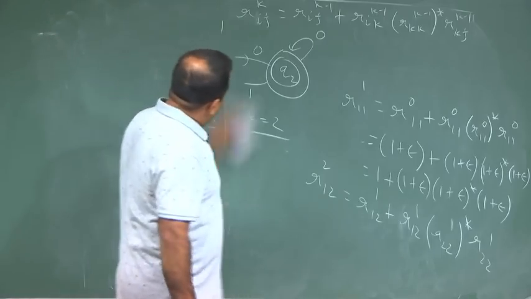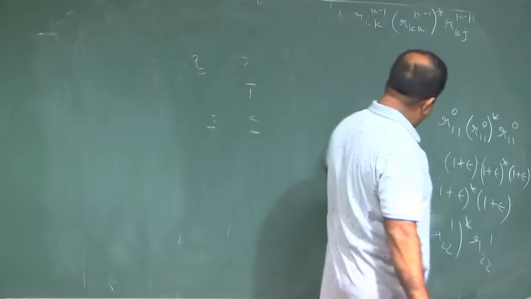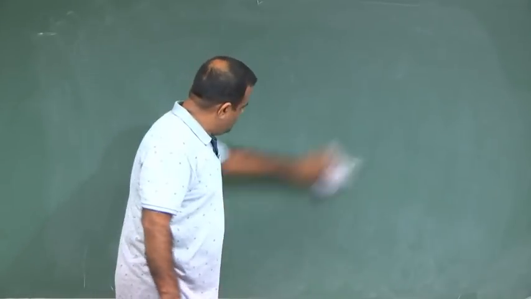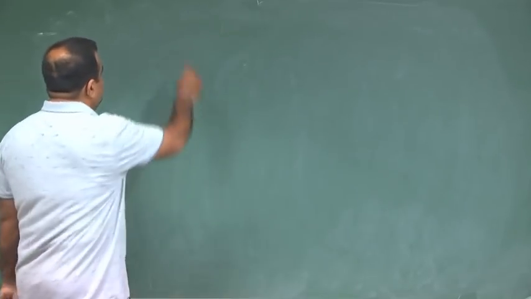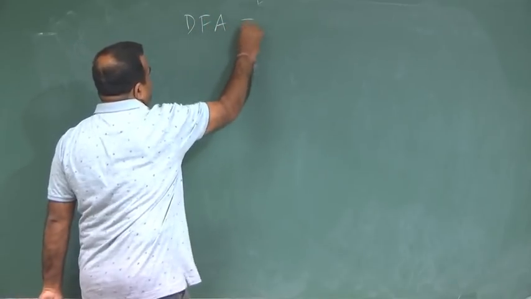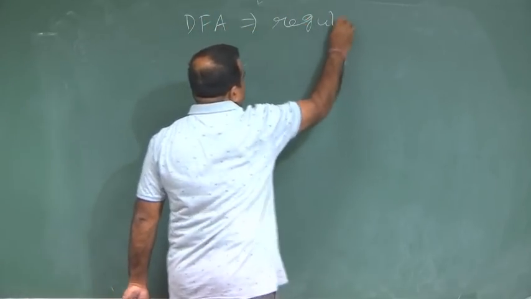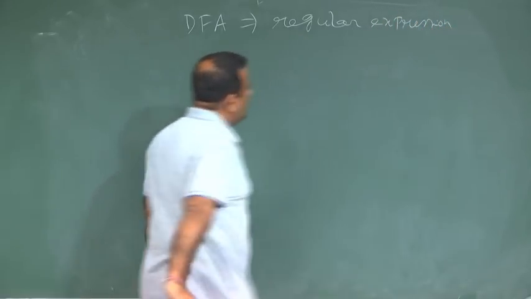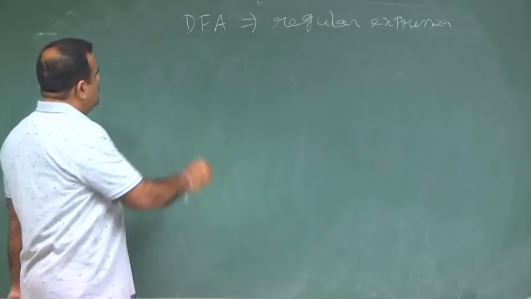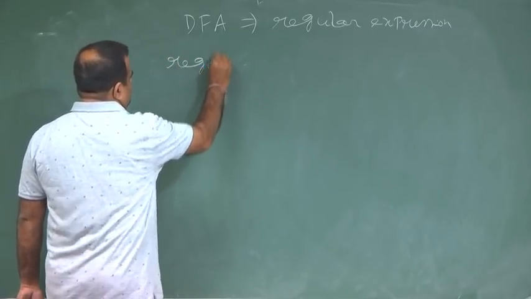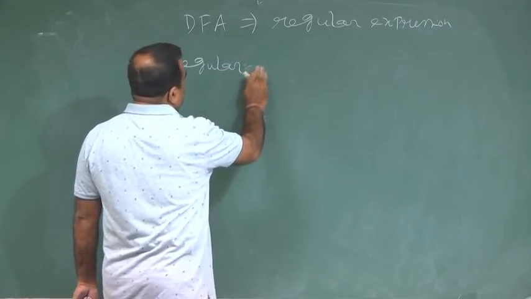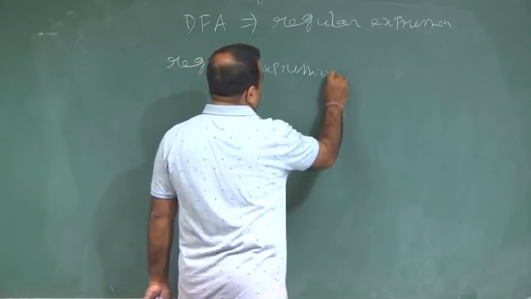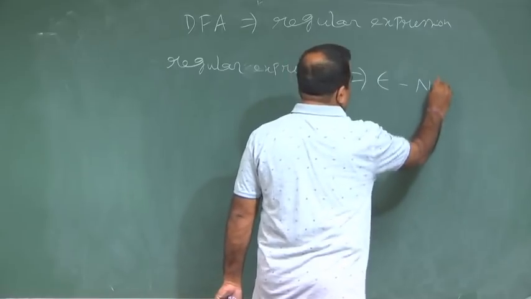Okay. So far what we have, we know that given a DFA we can have a regular expression. And we know given a regular expression, we can construct an epsilon NFA.